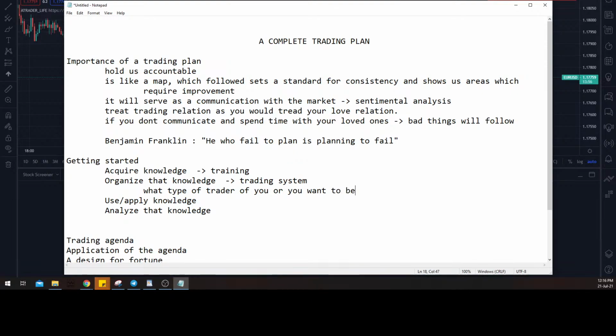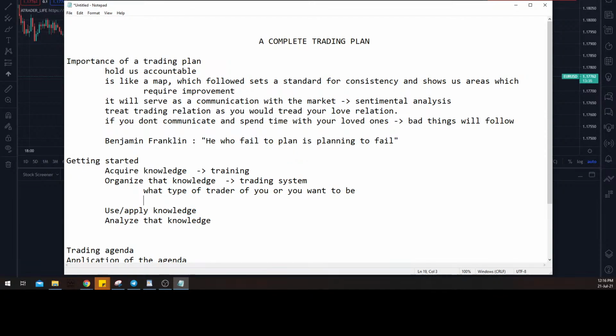Because for example, let's say you have a job, but you want to be a scalper or a day trader. Unfortunately, you cannot do that, so you'll have to adapt to that situation.